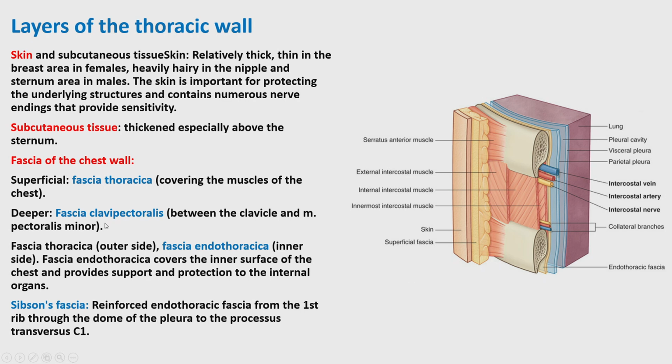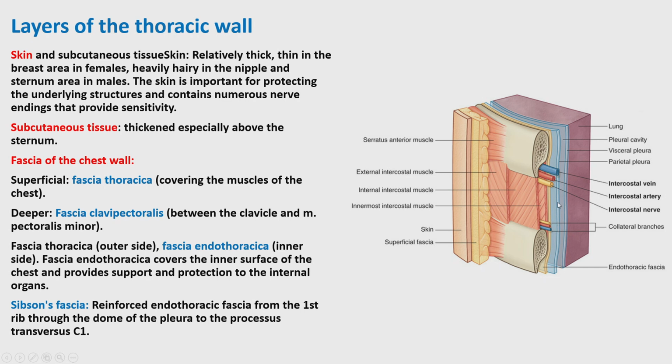Then we have the clavipectoral fascia, which is located between the clavicle and pectoralis minor, and it's a deeper fascia. Then there is a very important fascia after the muscles, exactly on the inner side of the thoracic cavity: the endothoracic fascia, which is located superficial to the parietal pleura.